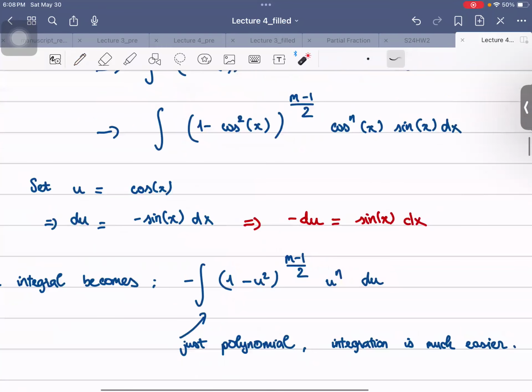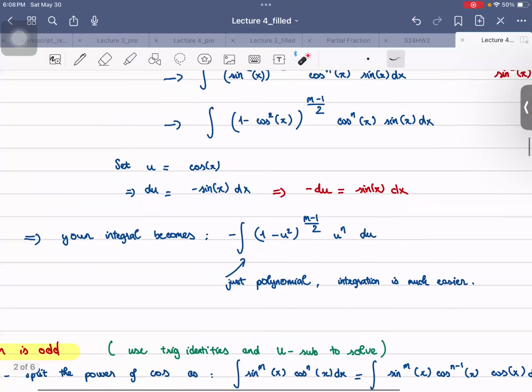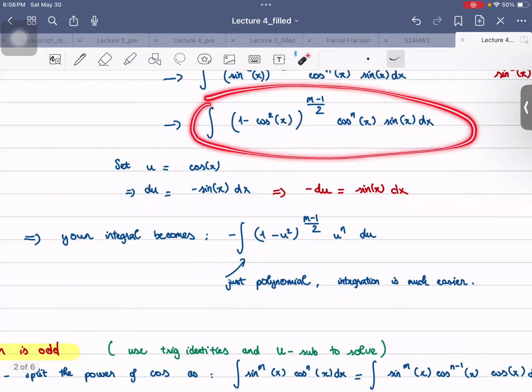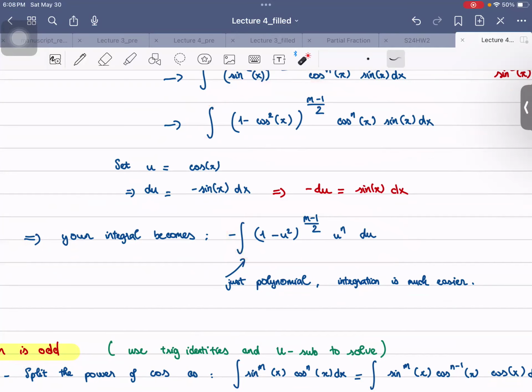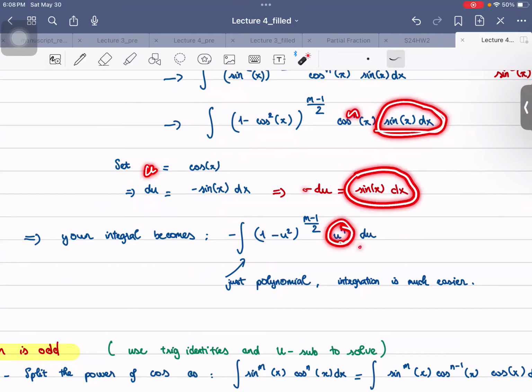That means I can rewrite my integral in terms of x as an integral in terms of u. 1 minus cosine squared is 1 minus u squared. Cosine to the power of n will be u to the power of n. And sine of x dx is negative du, so I have the negative sign up front and I have du.